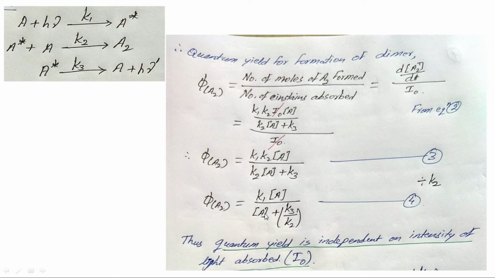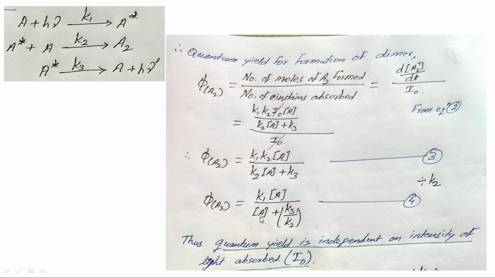So there will be confusion now whether the concentration of anthracene is going to affect the quantum yield or not. In that particular case, we have to consider two different cases, whether the molar concentration of anthracene is low or high.